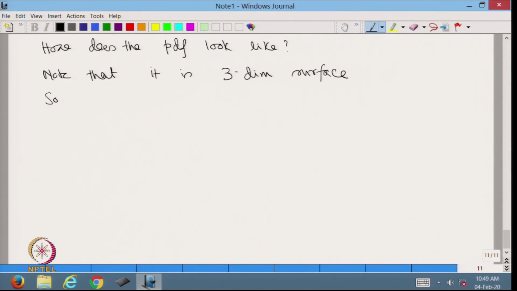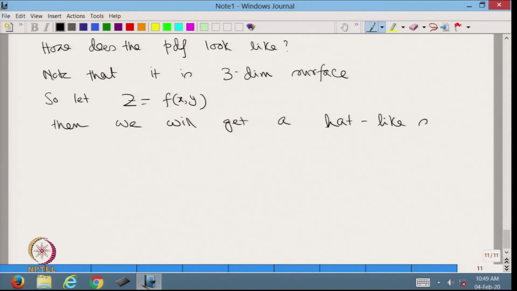So, let z denote f of x y, then we will get a hat like surface, which is in 2D. Let me draw it.